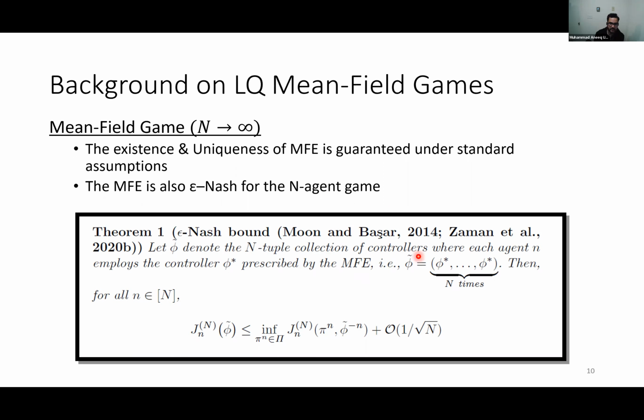So basically, if you get the mean field equilibrium controller phi star, stack it n times, and give it to n agents in an n player game, that equilibrium will be epsilon Nash. The best they can do by deviating is of order 1 over square root n, and this epsilon goes to 0 as n goes to infinity. So those are the standard literature results.